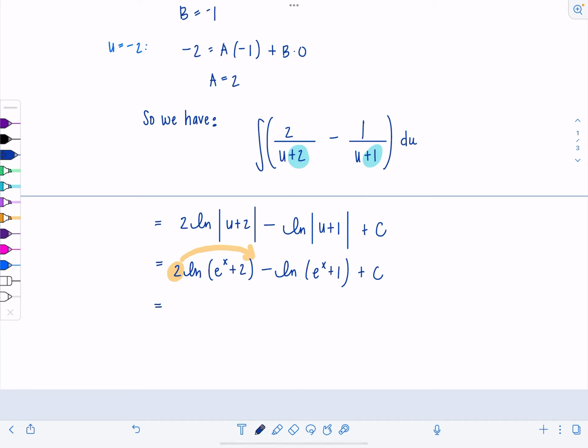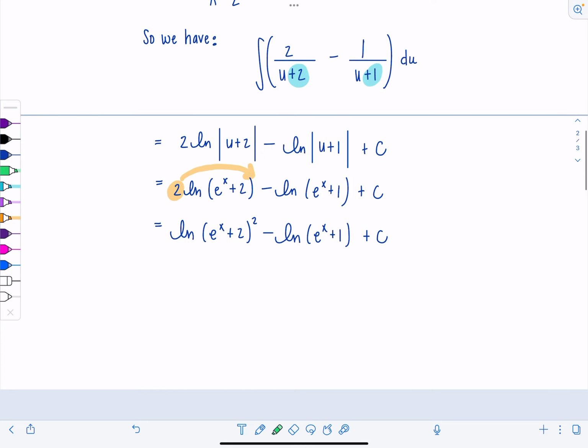So we've got ln of (e to the x plus 2) squared minus ln of (e to the x plus 1) plus C. And then, since we have subtraction of 2 logarithms with the same base, they're both ln, we can combine it using division and write it as ln of (e to the x plus 2) squared over (e to the x plus 1), with only one ln applying to all of this, plus C.